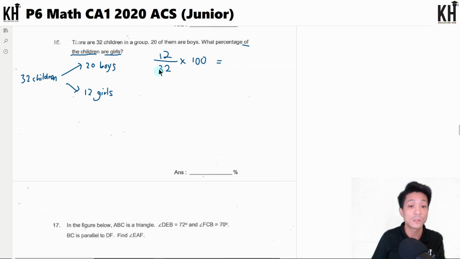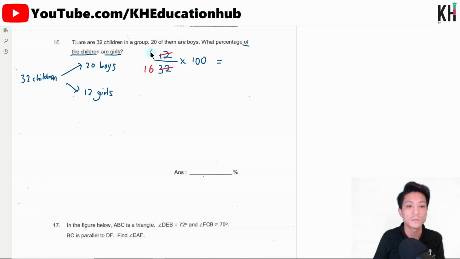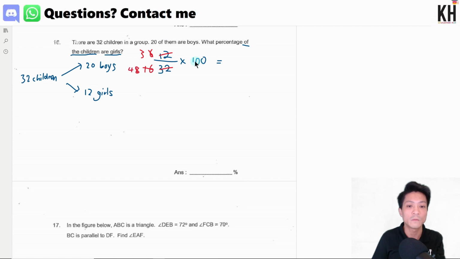So we're gonna slowly reduce, divided by 2, divided by 2. And then I'm gonna continue to divide by 2 to get a 4, divide by 2 to get a 50. I can again divide by 2 to get a 25.